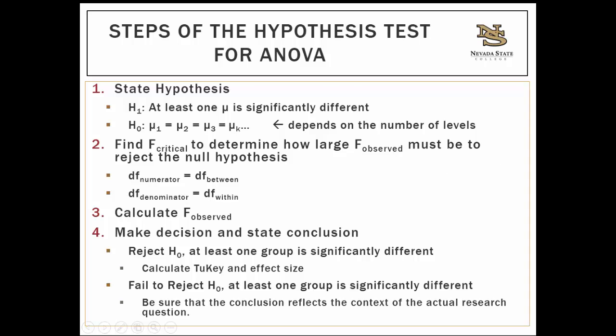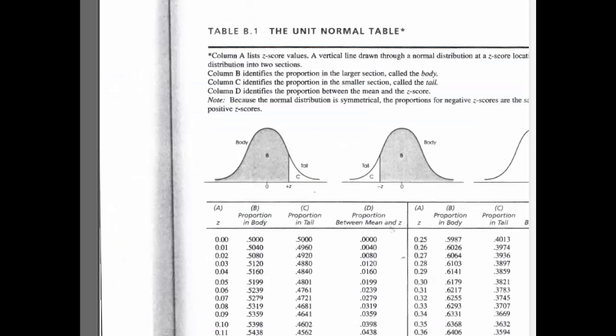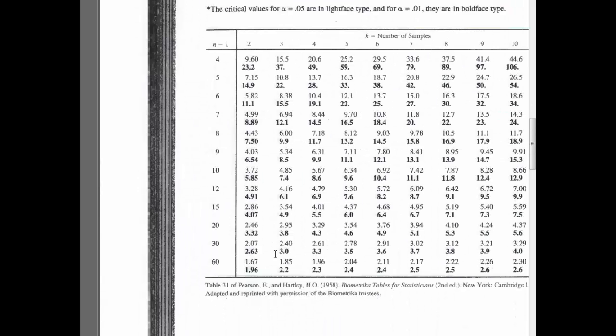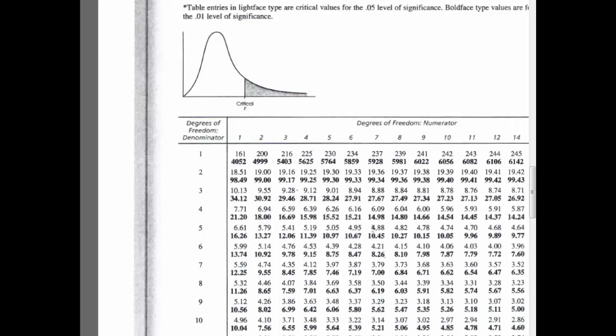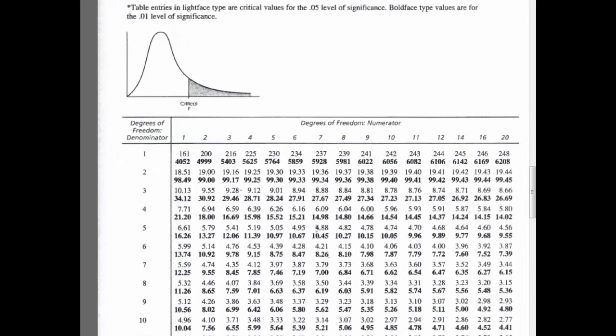So let me go ahead and show you the table. Okay, so here's the table. And so we are going to keep on going. Not F max, but just the F distribution. So you see degrees of freedom denominator and degrees of freedom numerator. And I have it summarized here in the slides.